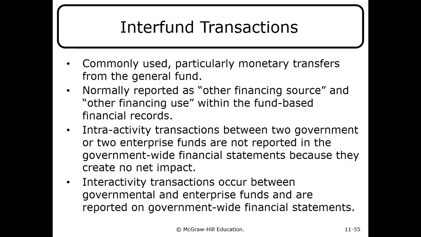Interactivity transactions occur between governmental and enterprise funds. So those are the only ones you would see on a government-wide financial statement, when they're between the two major classifications. And they give you some examples of those in the remaining chapters.